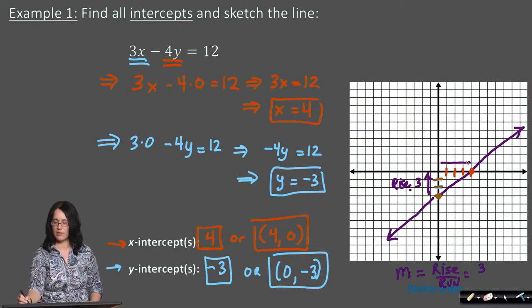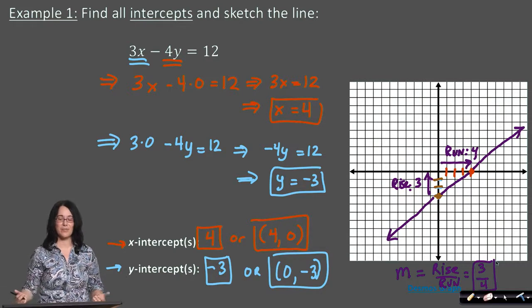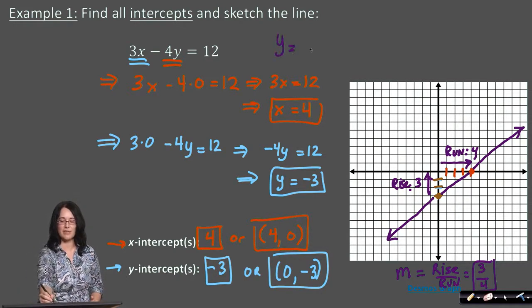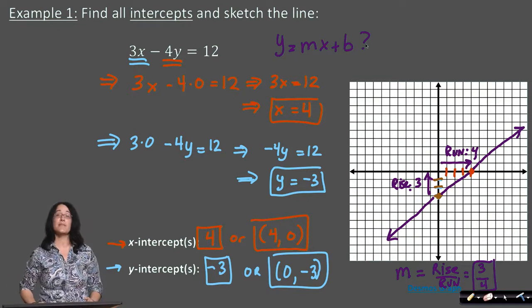And how much did you run? That's right, you ran 4 units. And they both went positive directions, right? So positive 3 over 4 would be your slope. In fact, I encourage you by yourself, could you rewrite it in slope-intercept form? And be able to tell that, yes, in fact, the slope is 3/4 positive? Check that yourself and see how you do.